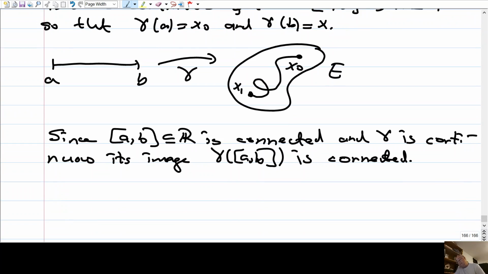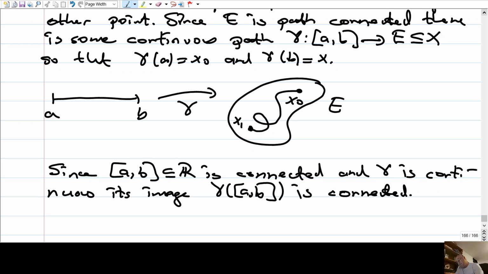But you know, these paths, so maybe I can do this. There is a path joining these 2 points.